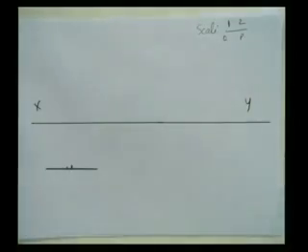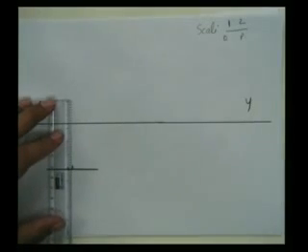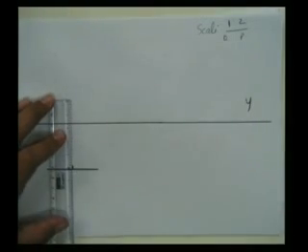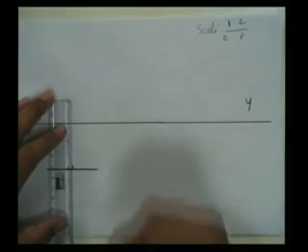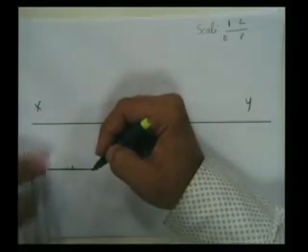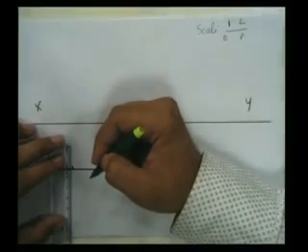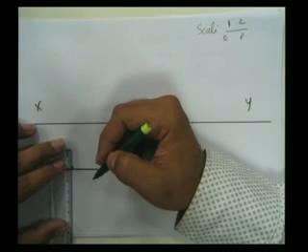Pardon me for that. I'll draw a perpendicular. 70 mm is given to me, so it will be 35 mm. 35 mm means 1.75.